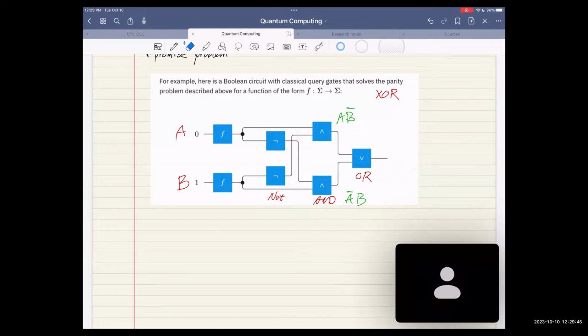The B is without not. Yeah, they're opposite.